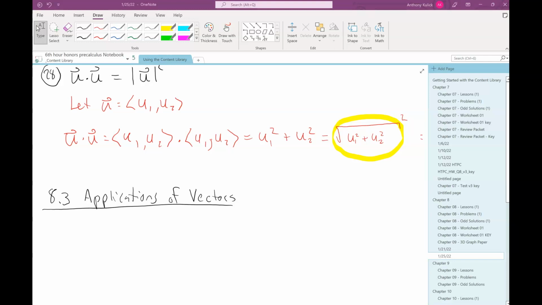In section 8.3, we're going to be talking about applications for vectors.